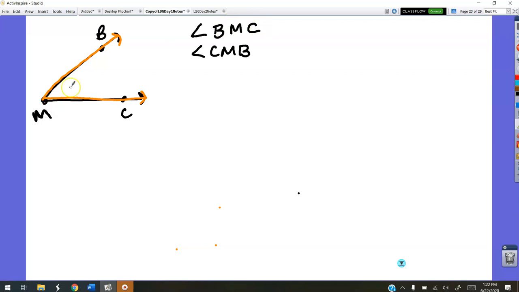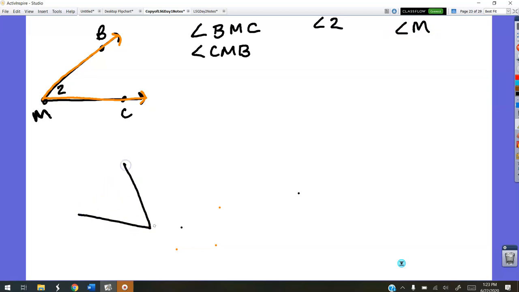You can also name an angle using a number in the mouth of the angle. So sometimes we'll put numbers in here and we'll call this angle 2. And then the last version only works if you only have two rays coming from your angle. And if so, you can call this just by the vertex, angle M. Here's the problem though.